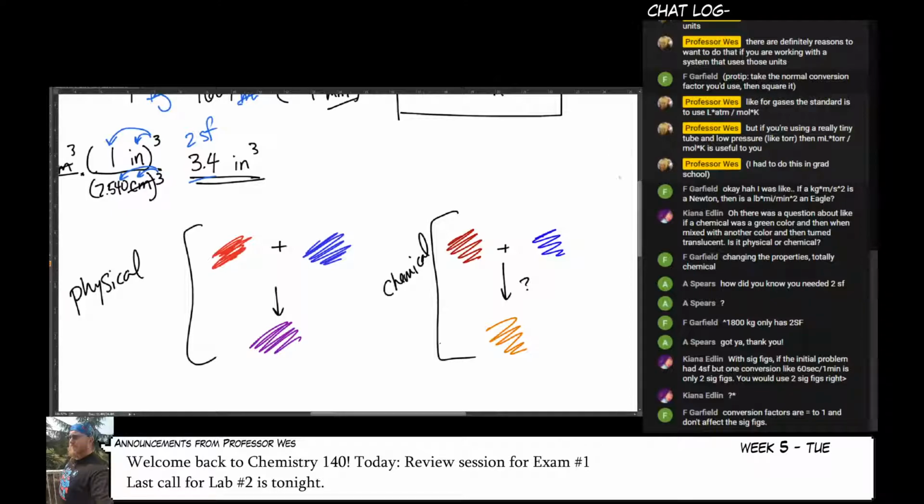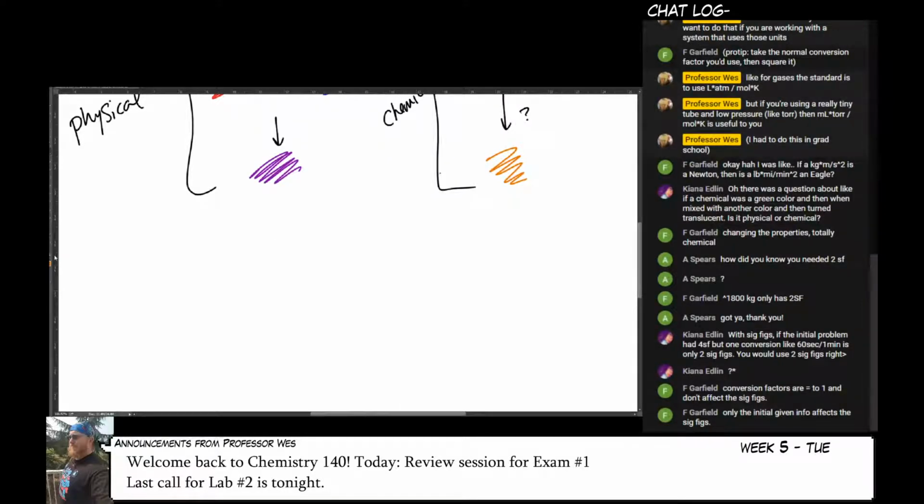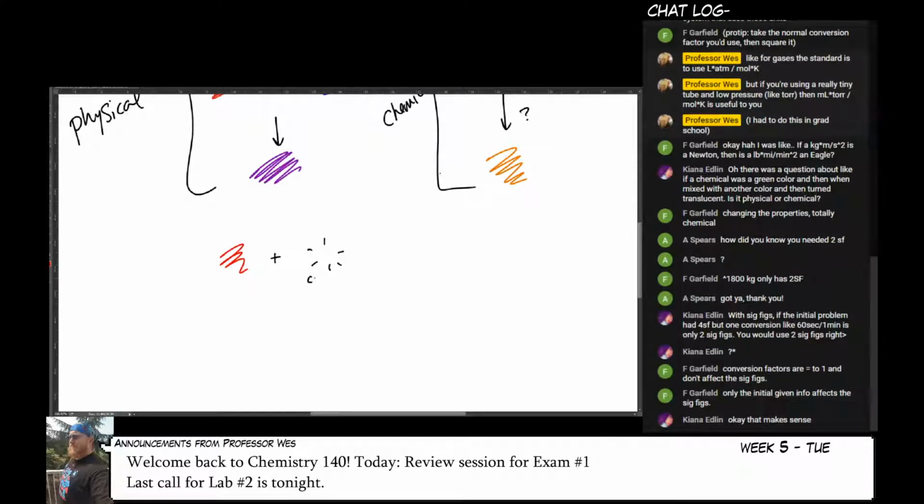With the color thing here too, there's another example that I like to do, which is if you mix two things together. So if you mix red plus, not clear, but colorless, you would normally expect that a red liquid and a colorless liquid would make a red liquid, but let's suppose that you got a colorless liquid instead. That's not normal, right?